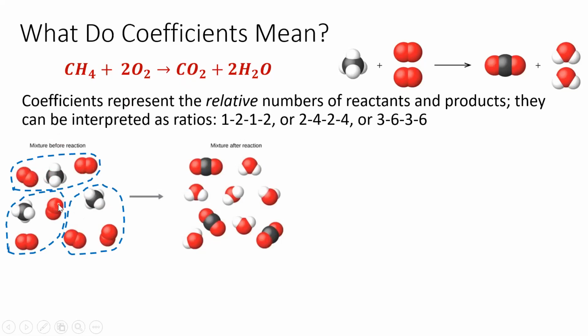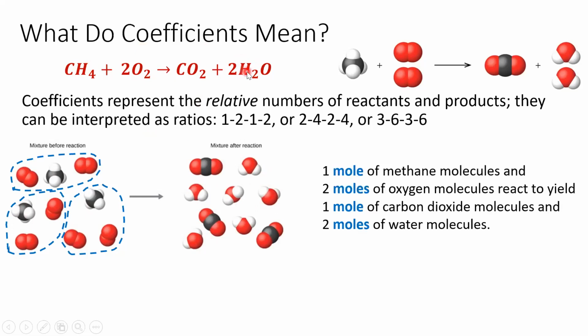For every 1, 2, 3, 4, 5, 6 O2 that reacts, we're going to produce 1, 2, 3, 4, 5, 6 H2O because they are a 2 to 2 or a 1 to 1 ratio. And for every 1, 2, 3 CH4 that reacts, we're going to produce 1, 2, 3, 4, 5, 6 H2O because it's a 1 to 2 ratio.